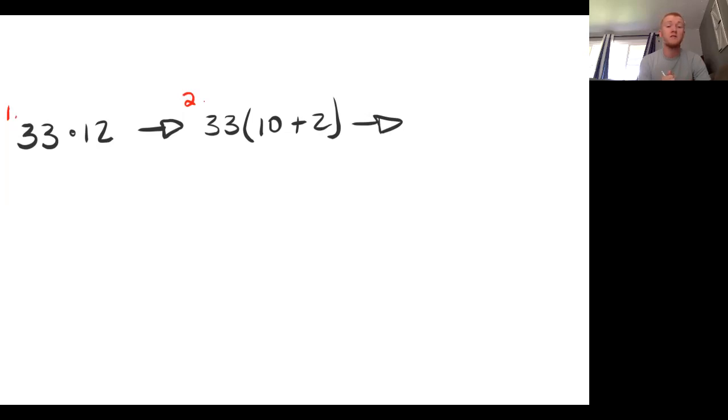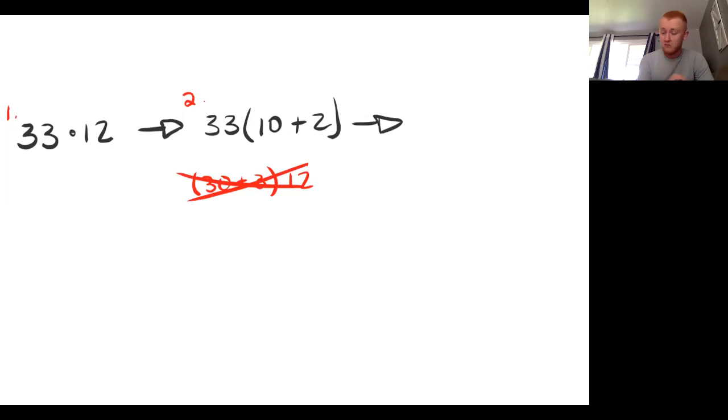And in this instance, they decided to break apart 12 into 10 plus 2. If you're comfortable with 12s, you could also do 30 plus 3 times 12. But in this instance, we're just going to stick with what they have.